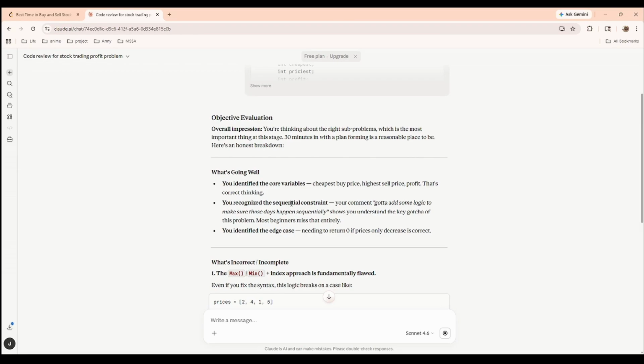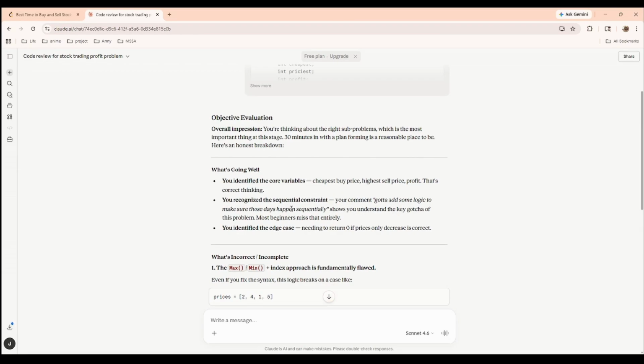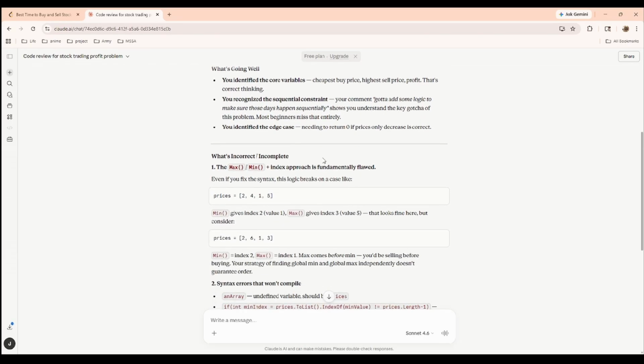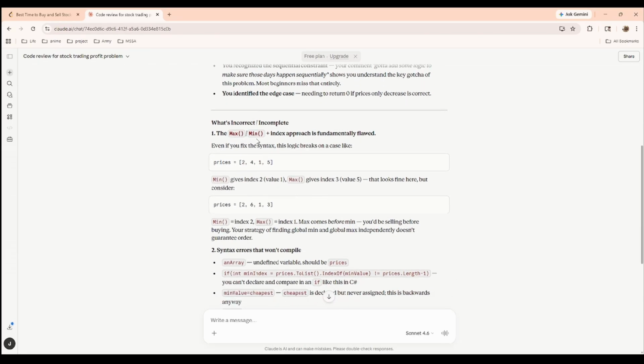So you identify the core variables, you recognize a sequential constraint, show you the key gotcha of this problem, the edge cases. What's incorrect or incomplete? The max-min approach is fundamentally flawed. Even if you fix the syntax, the logic breaks on a case like this.